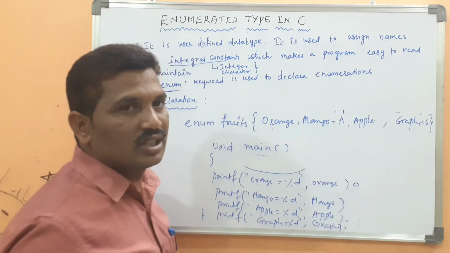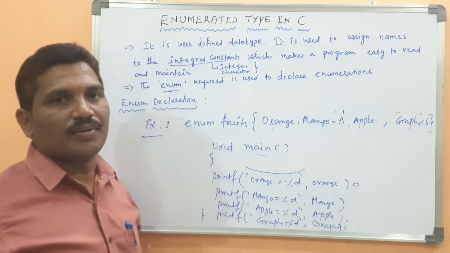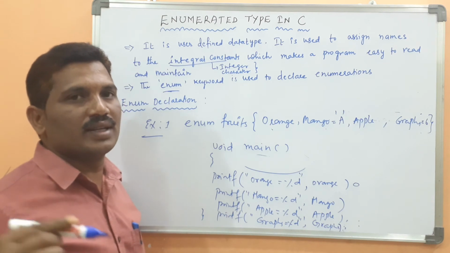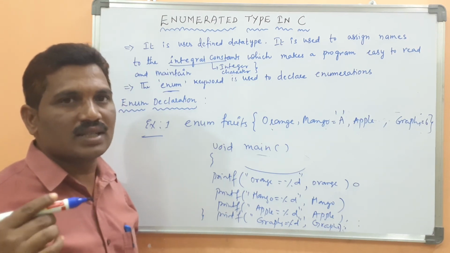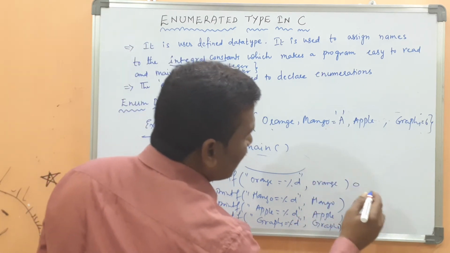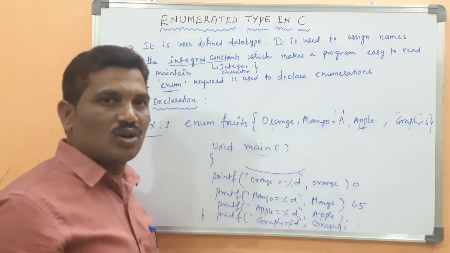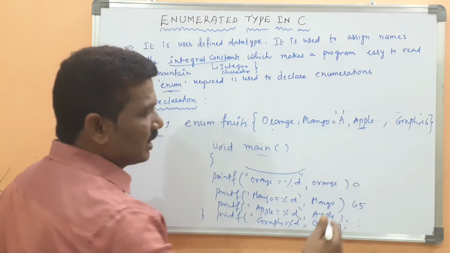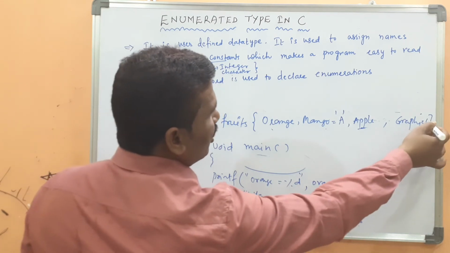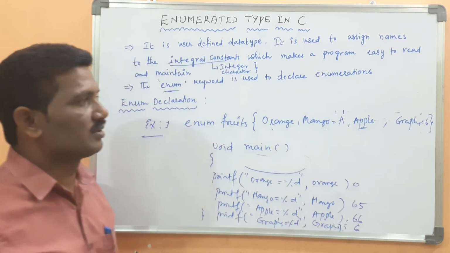Mango is initialized with the capital letter A. What is the ASCII value of the character A? The character will be converted to an integer. The ASCII value of capital A is 65. Apple is not initialized with any value, so its value is incremented by 1, giving 66. Grapes is initialized with 6, so 6 will be displayed.